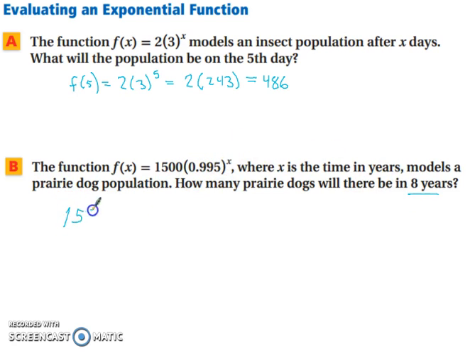So we have 1,500 times 0.995 to the 8th power. And we simply put this in our calculators. And when we do, we get about 1,441. So after 8 years, there will be about 1,441 prairie dogs based on this model.